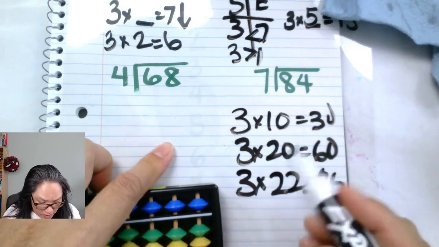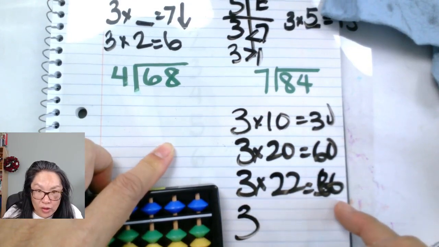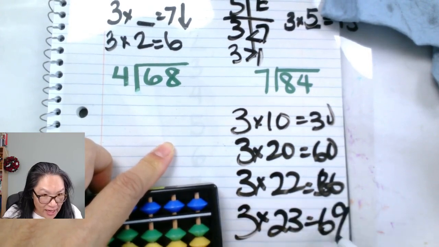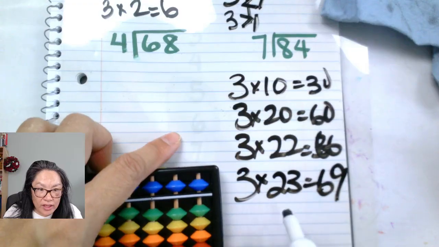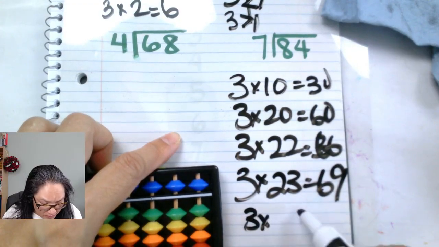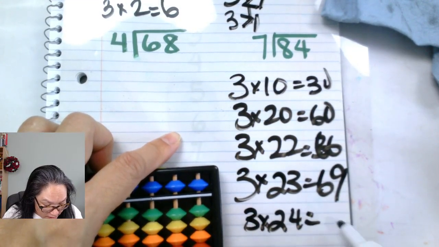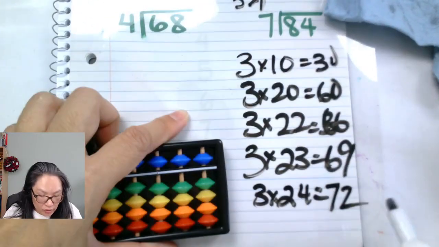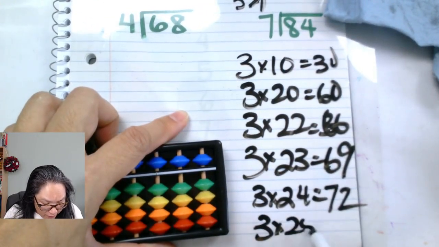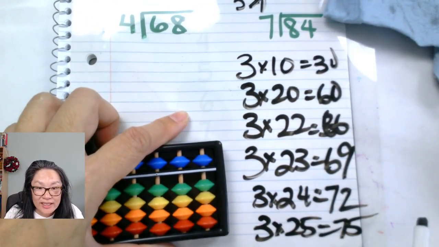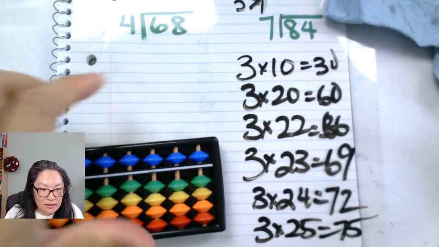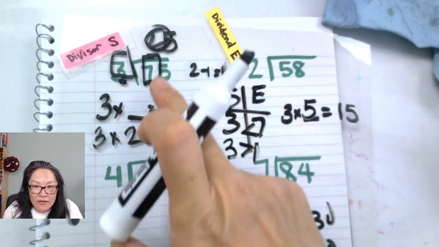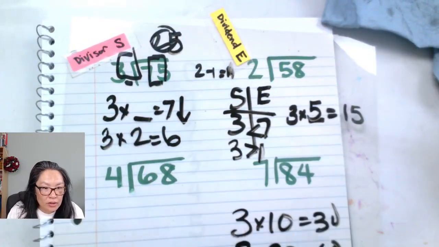We got to do a few more. 3 times 23 is 69. Oh, no, we got to do one more. 3 times 24 is 72. No. We got to do 75. Oh, 3 times 25 is equal to 75. Oh, ding ding. We're not doing this, right? We don't need to do this. We just need to have a conversation with our number.